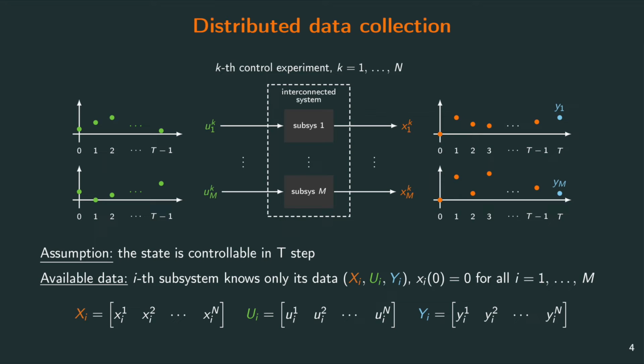That is, subsystem i has historical data X, U, and Y sub i, referring to all experiments N, but initially has no knowledge of what was recorded by other subsystems or the control actions that they received. And by the way, here X will refer to the state evolution, U will refer to the inputs, and Y will refer to the final state of any experiment.